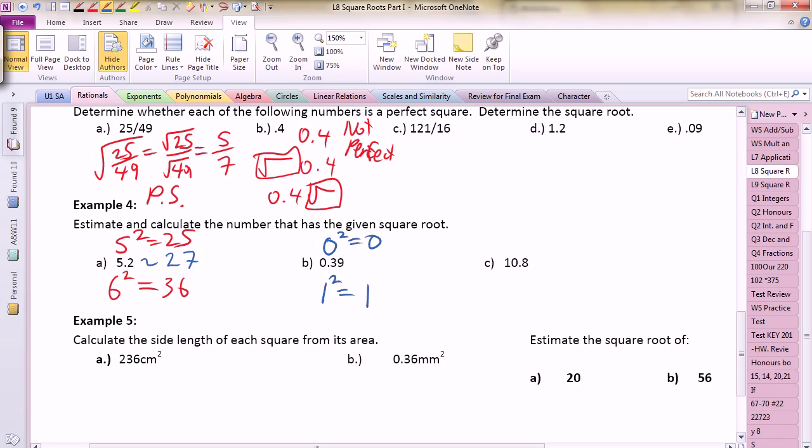So what about 0.39? Any ideas? Well, if I was going to estimate it, I'd go 0.4 times 0.4. So it'd be 0.16. Decimals are weird. Yeah. I really don't like that question, to be honest with you, but whatever.